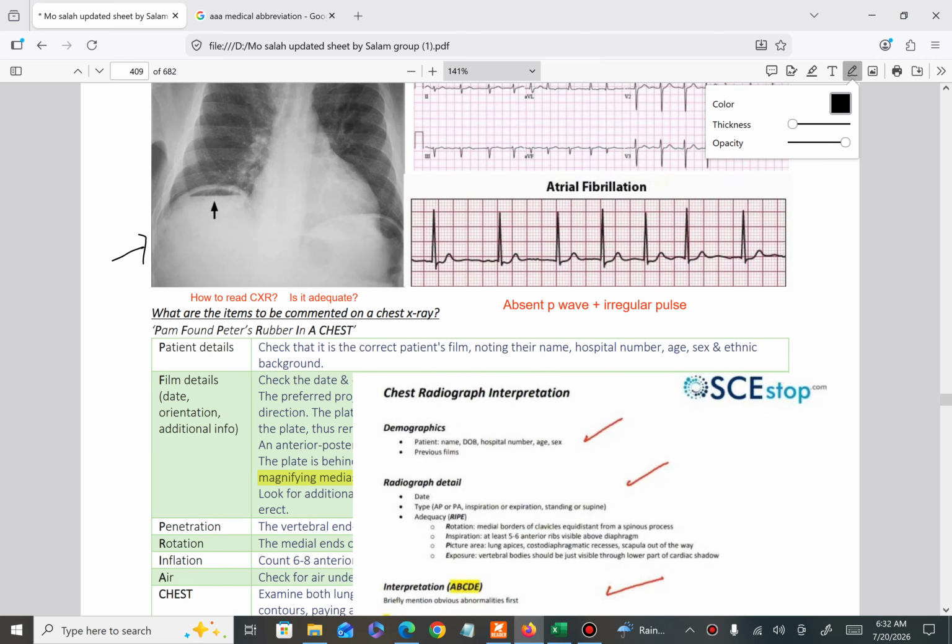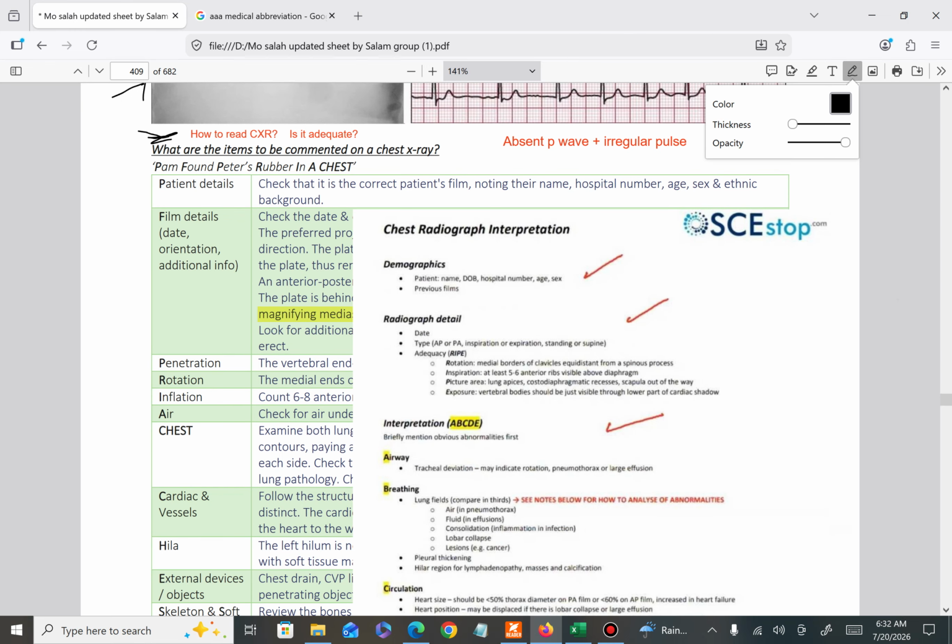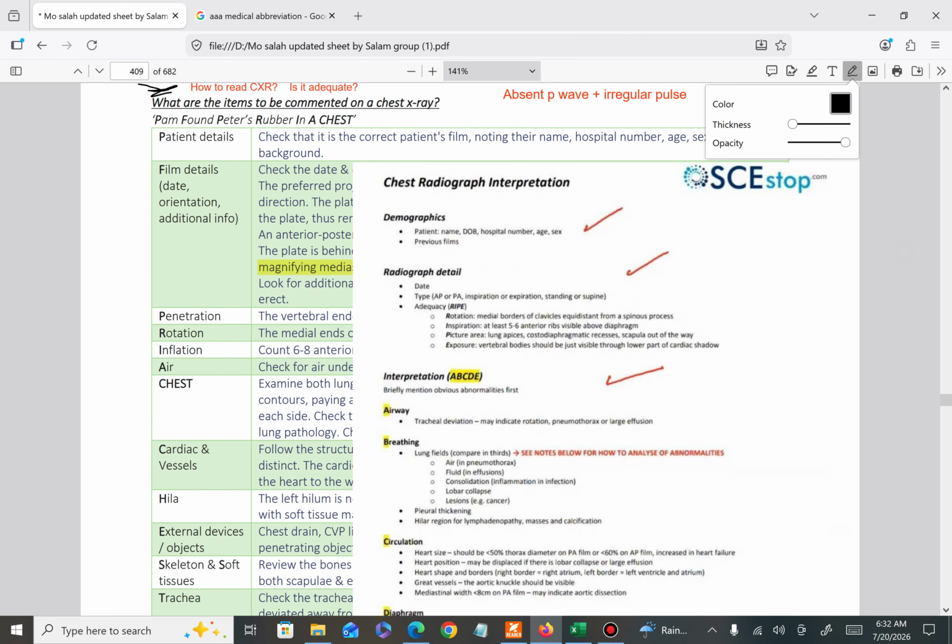How do we read the chest X-ray, and is it adequate or not? In order to read the X-ray, we have to state the demographics like patient name, date of birth, age and gender of the patient.